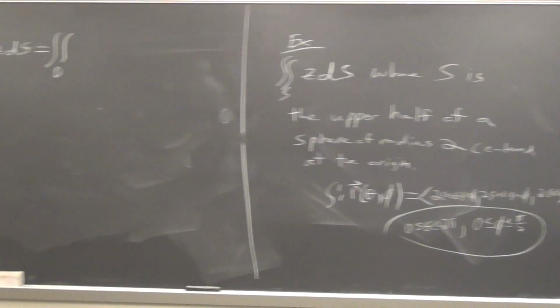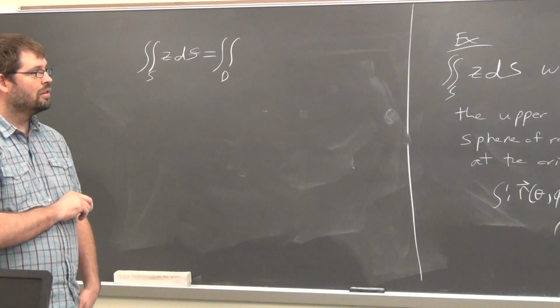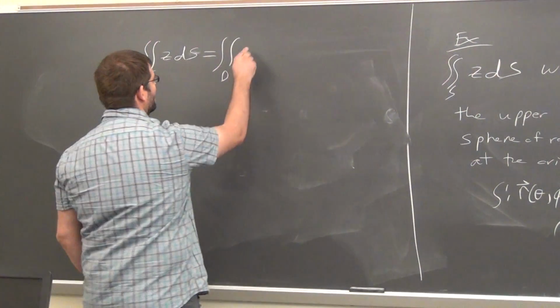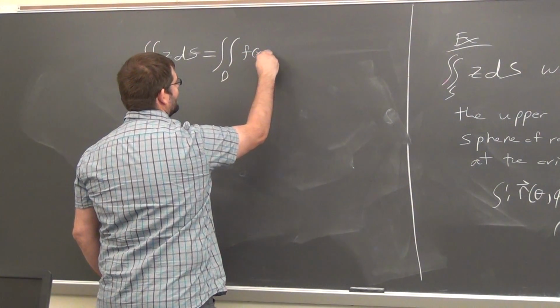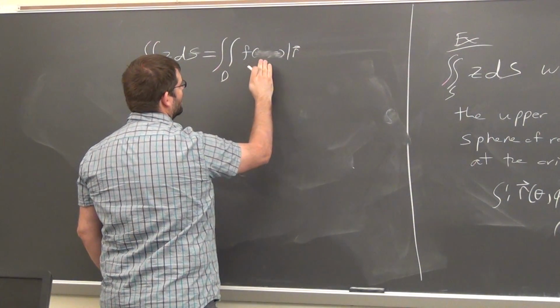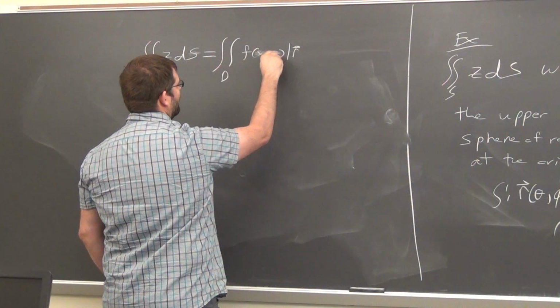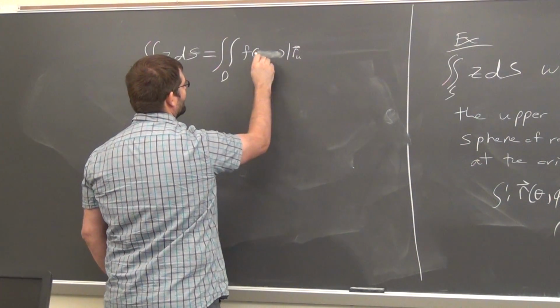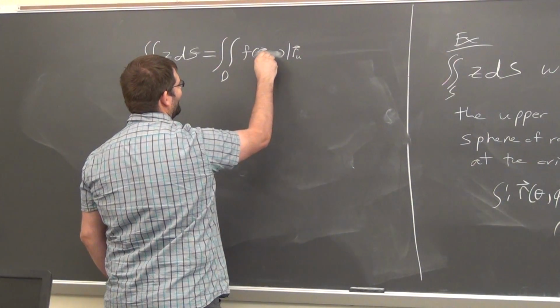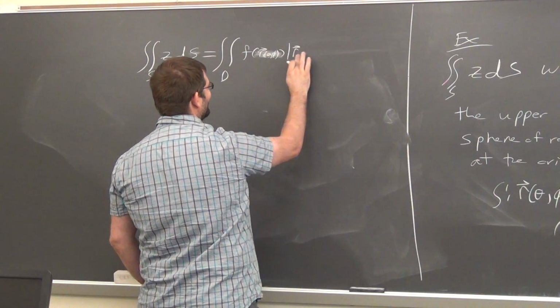What goes in for our z? 4 sine phi. Well, actually, let me write it this way. F of x, y, z, and then magnitude of, well, I'll write it this way. F of x, y, z, R of theta, phi, dA. I think I'm going to leave it that way.